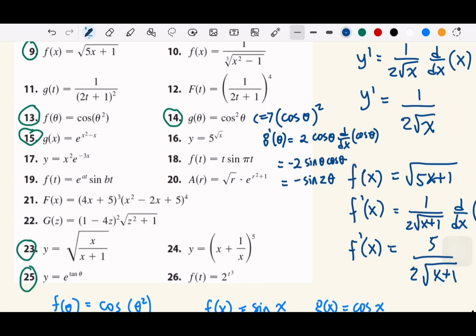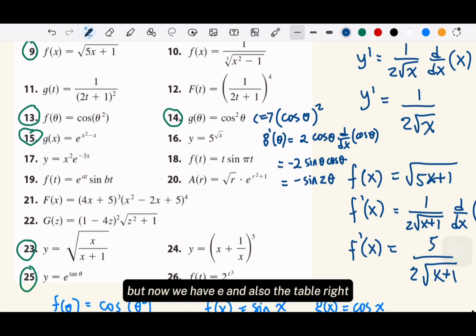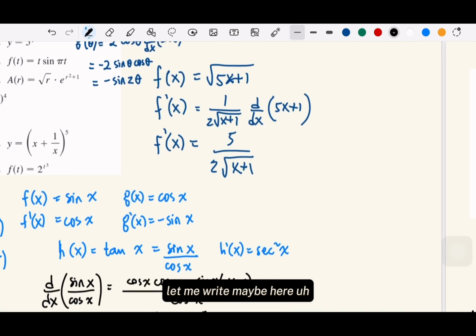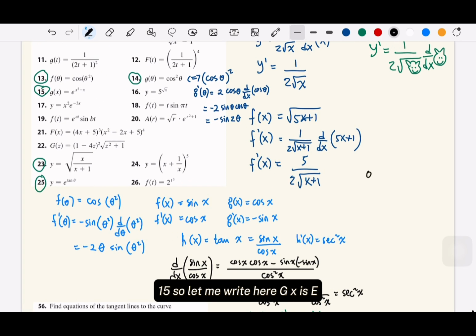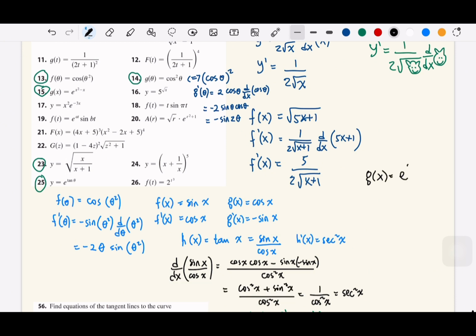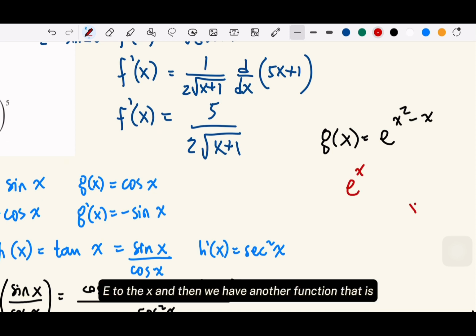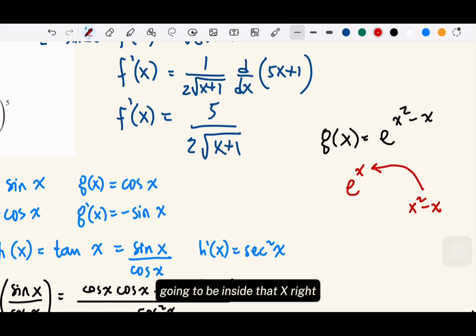Okay, but now we have e and also the chain rule, right? So what we are going to see is this expression again, but we need to multiply with the chain rule. You could imagine we have e to the power of x, and then another function, x squared minus x, which is put inside the x of e to the power of x, right? So let me write here, 15, g of x is e to the x, and then we have another function, x squared minus x, inside that x.